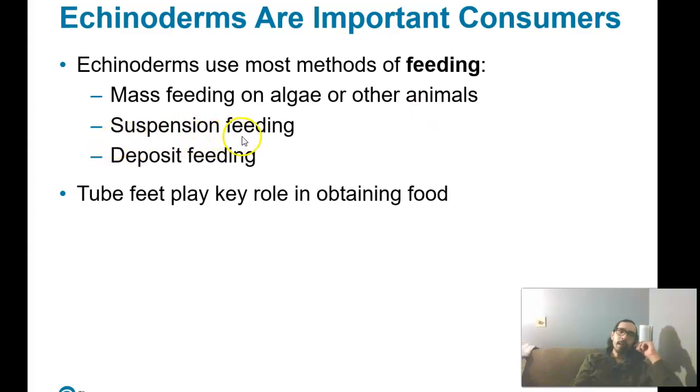Suspension feeding, you can see that with the sea lilies, and deposit feeding, you can see that with things like sea cucumbers. Okay. So remember that deposit feeding is when animals take in soil or some other substrate, and along with the soil, they take in organic matter.